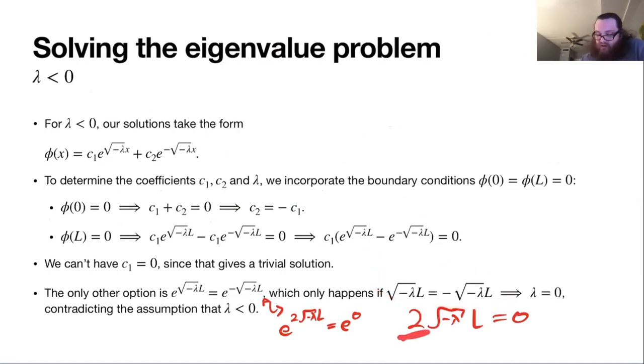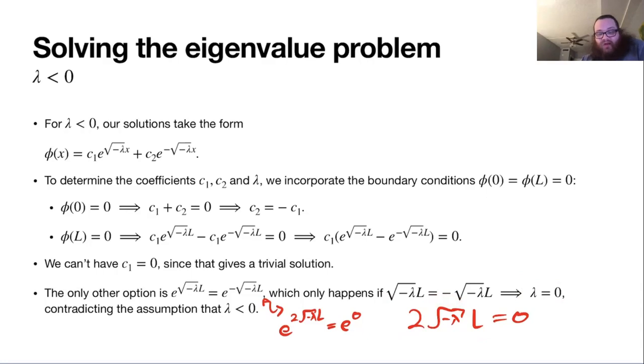So 2 is non-zero. L is going to be non-zero, right? Because it's our length of the rod. We want our one-dimensional rod to have some length. Non-zero, non-zero. So the only other possibility is that this term right here is equal to 0, which implies that lambda must be 0.